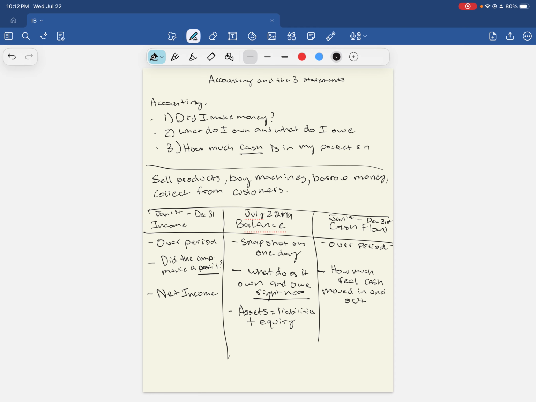And this is super cool. I'll just give you a little preview on how these statements connect. Your net income is going to be added to your retained earnings on your balance sheet, and your net income is also going to be at the top of your cash flow statement. You start off with your net income at the top of the cash flow statement, which is super cool because they all interlink in one way.